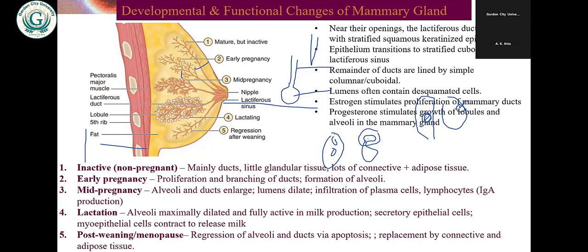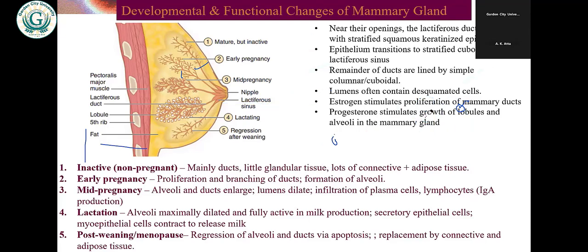So this is the breast in the lactating phase, containing some breast milk. After weaning or when you reach menopause, you have regression of the alveoli and the ducts by apoptosis. Then a lot of the spaces are occupied by connective tissue and fat. Okay, so that is the breast for you.